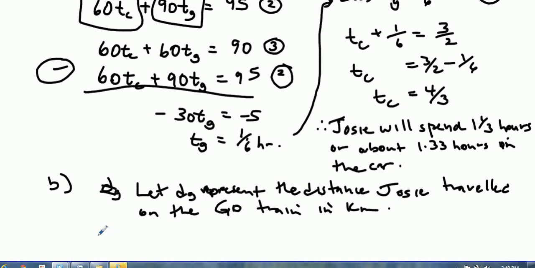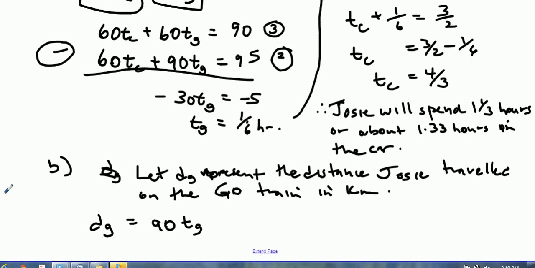Okay, and so DG is going to equal 90 times TG. We already established the GO train was going 90 kilometers an hour, and whatever time she spent on it was represented by TG.